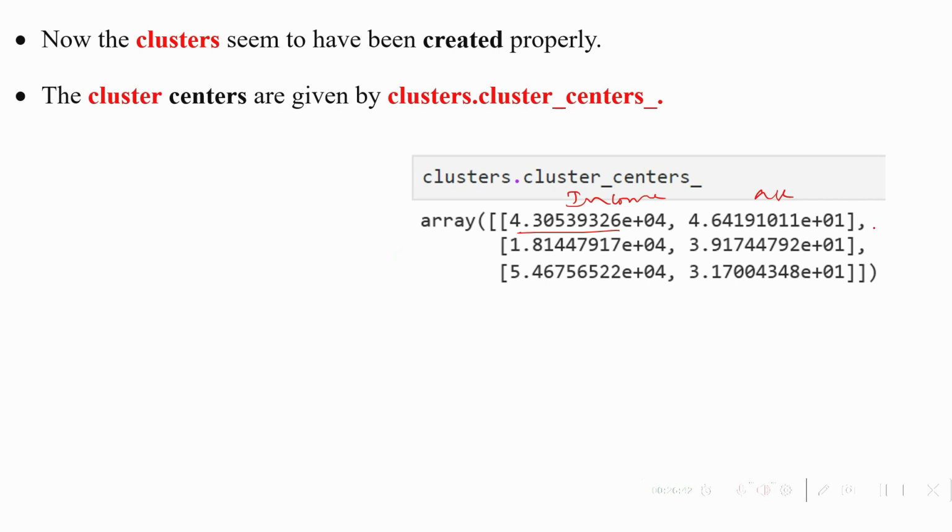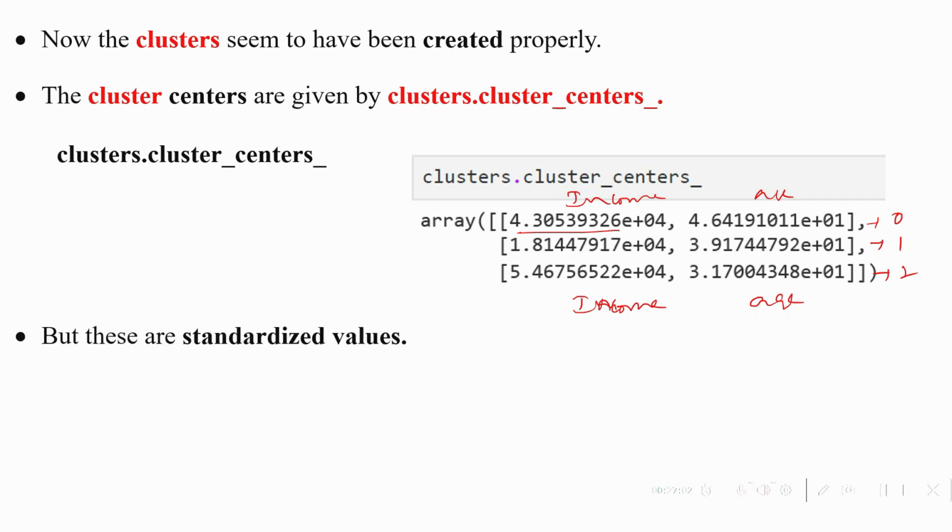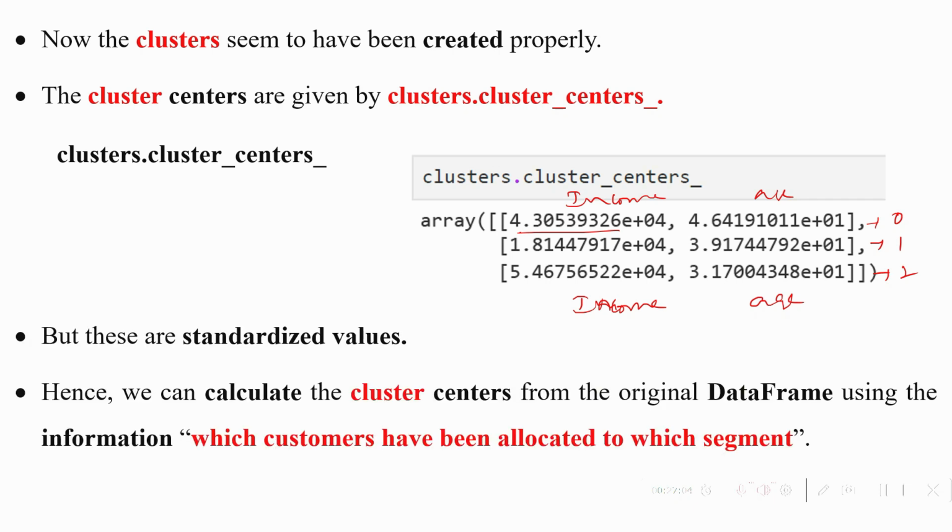This is the center for the first cluster, this is for the second cluster, and this is for the third cluster. This is the income value after applying the standard scaler, and this is the age value. Now clusters.cluster_centers_ gives us the standardized values.